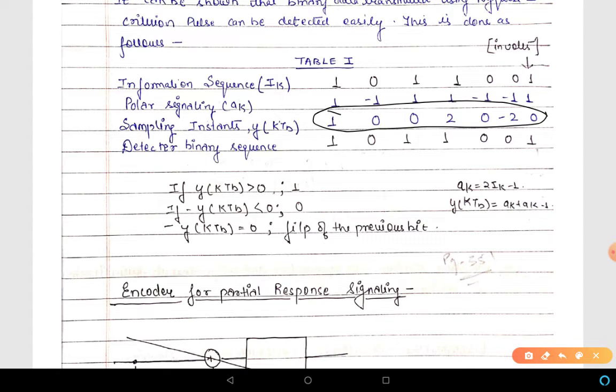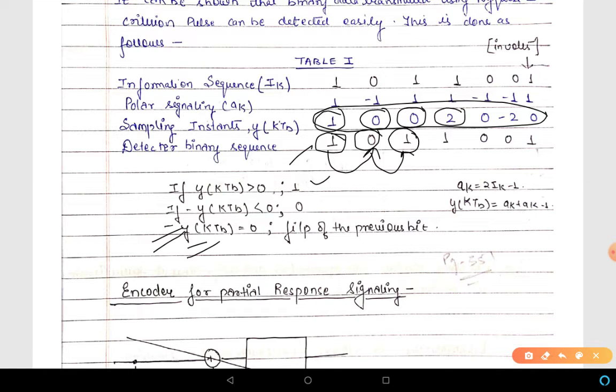First, this is 1 volt, so the bit is 1. This is 0 volt, which means case 3, so I have to revert; my detected bit will be the reverse of the previous bit. My previous bit was 1, so my current bit will be 0. My next sample value is 0, so case 3, that is, my current detected bit will be the reverse of the previous bit; from 0 it will become 1.